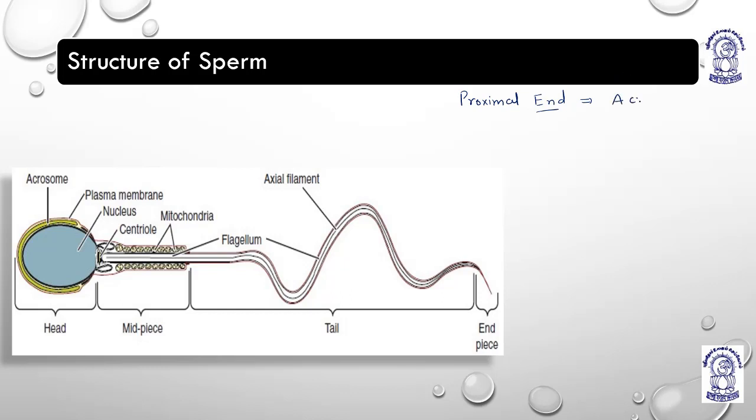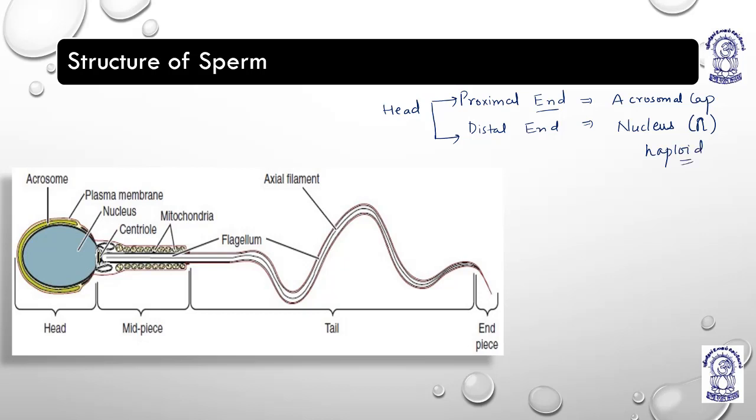Acrosomal cap. And at the distal end you have what? Head. I am talking about head. So head: proximal end, acrosomal cap; distal end, nucleus. Nucleus is N, haploid.